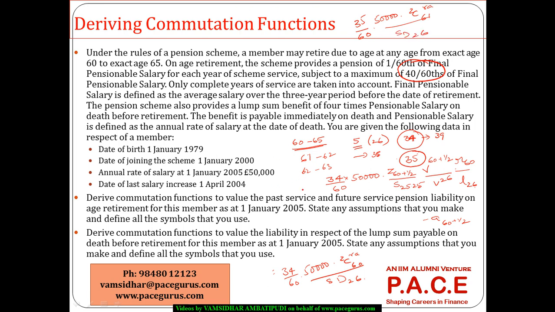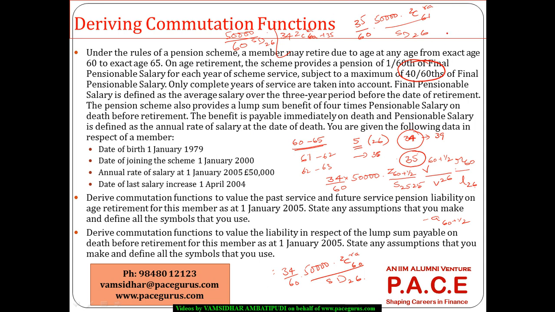So if I look at all the possibilities, the summation is coming out to 50,000 divided by 60 into SD26, times 34 times ZC60 RA plus 35 times ZC61 RA, 36 times ZC62 RA, and so on.